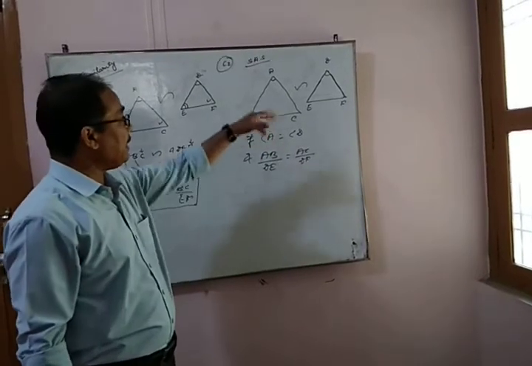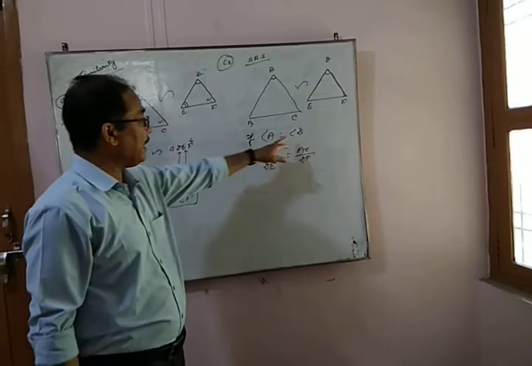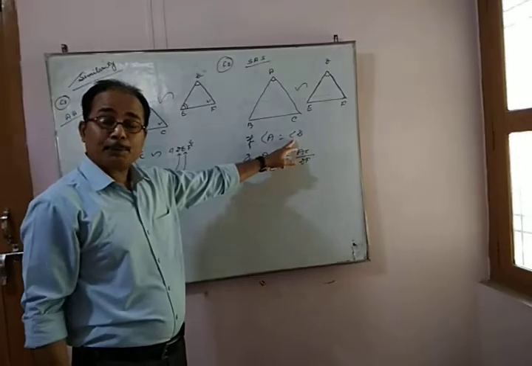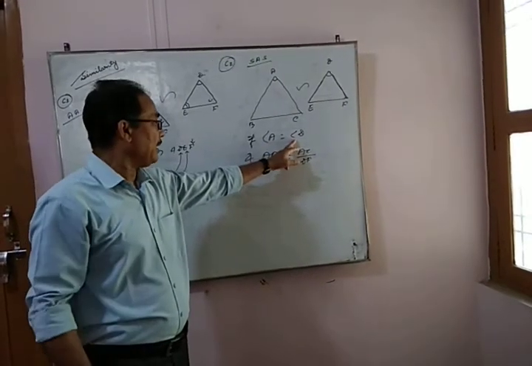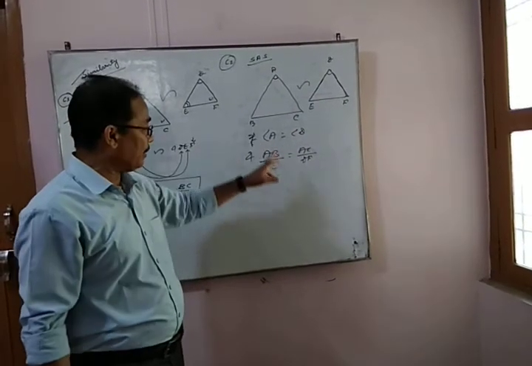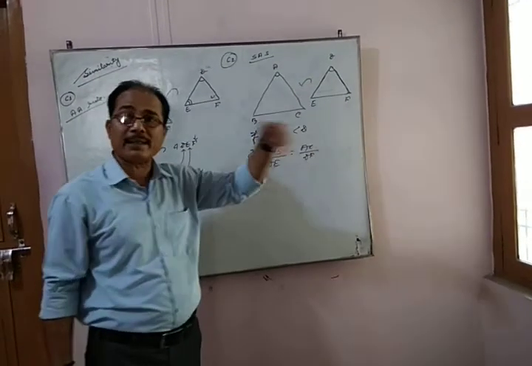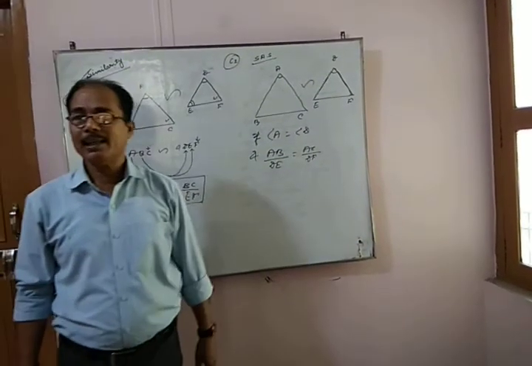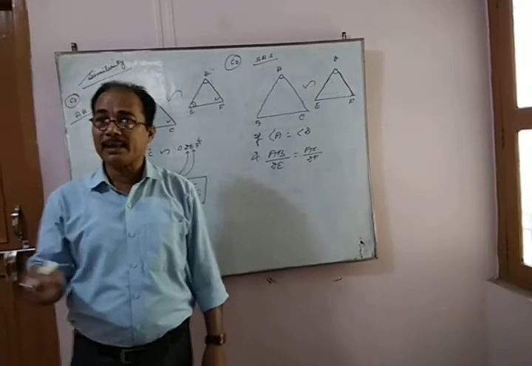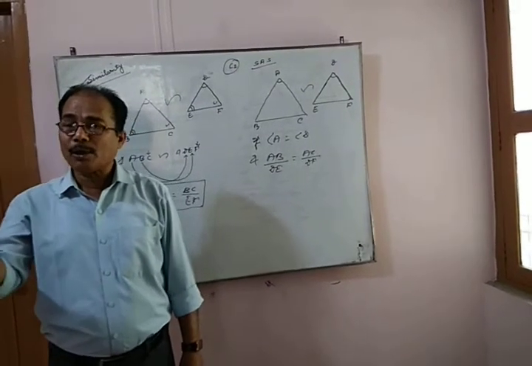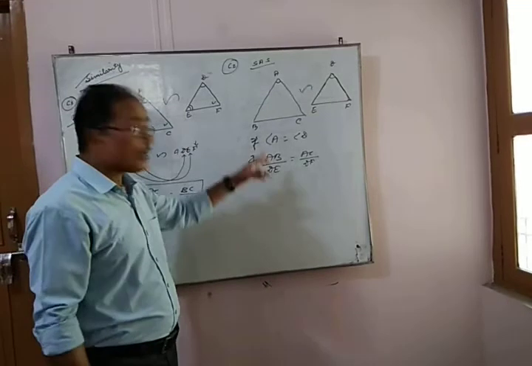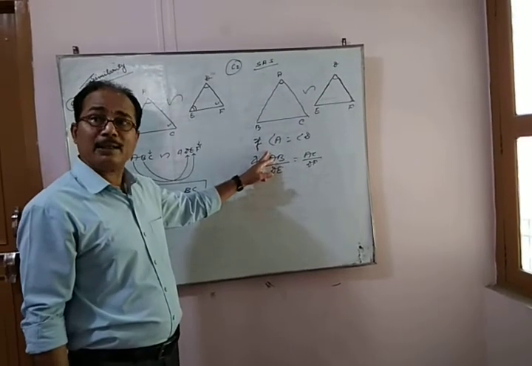In triangles ABC and DEF, if angle A equals angle D and their corresponding sides are in the same ratio, like AB by DE equals AC by DF, then the triangles will be similar to each other. In some exercise questions, if you are asked to prove similarity and the question follows this condition, then you can prove it similar.